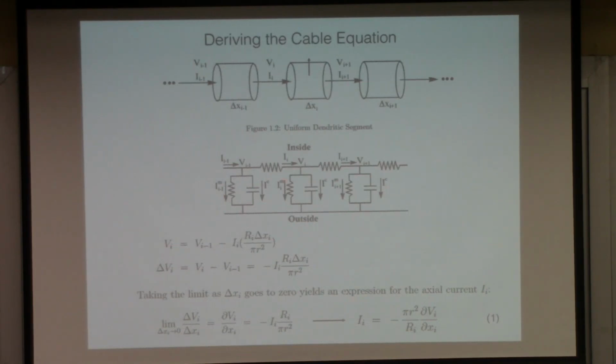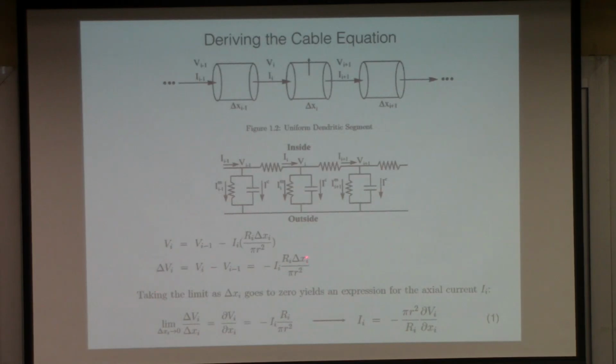It is determined by the axial current at that location and the value of that resistor. It's just Ohm's law, okay? So that's the voltage drop. Let delta V i be V of i minus V of i minus 1, that voltage differential. It's just equal to this.